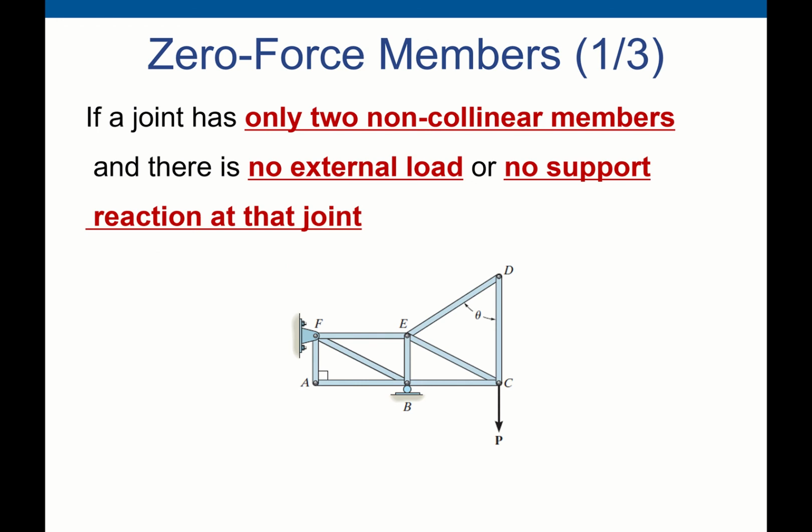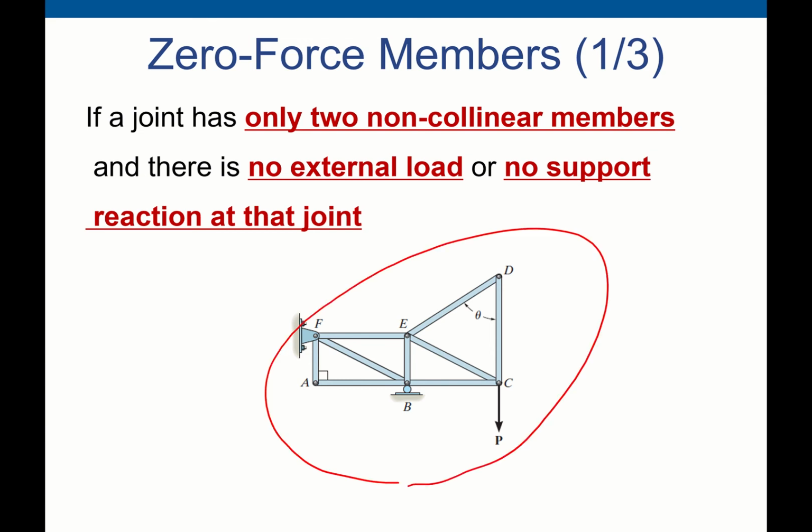Okay, so here there is a definition of zero force members. If you look at the image here, there are many members, but you can see that at some joints there are no external forces and also no support reactions.